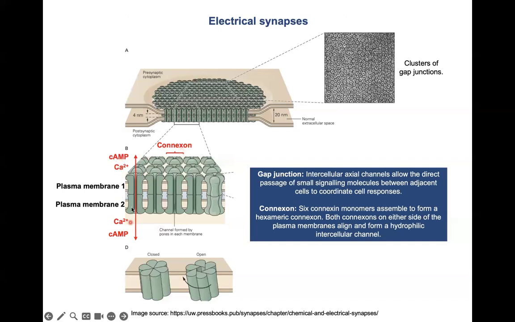I'm indicating here, this is a two-way transmission for small ions or molecules. This is one plasma membrane, and this is another. Both membranes are connected by gap junctions, connexons. See how well aligned they are, forming intercellular channels. They can be either closed or open. The gating mechanism can be either electrical or chemical.